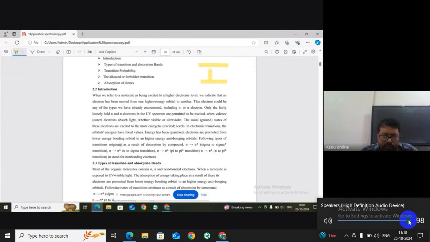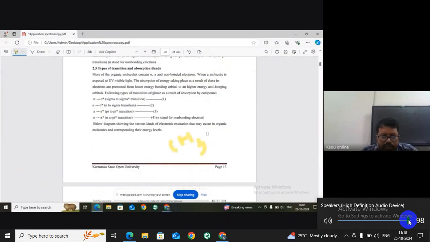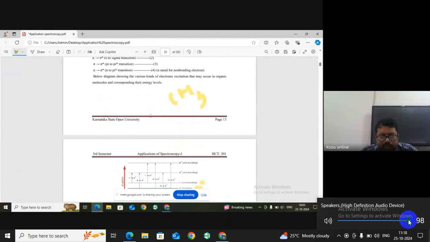Four types of transitions originate as a result of absorption by a compound: sigma to sigma star, n to sigma star, pi to pi star, and n to pi star. Very important.